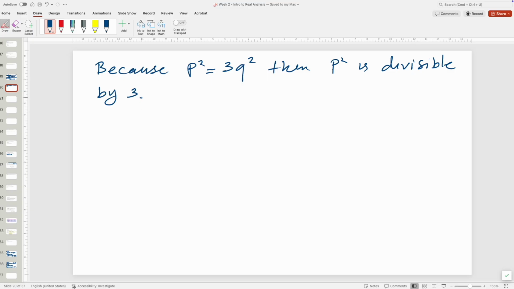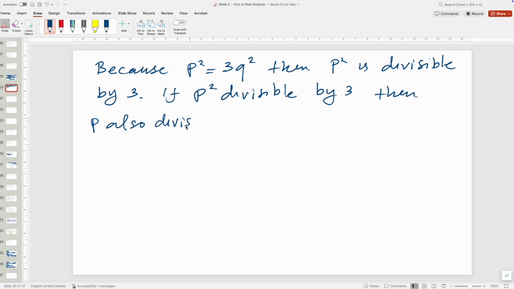So what is the general form of divisible by 3? Again, if P squared is divisible by 3, then P is also divisible by 3. But this one must be proved.